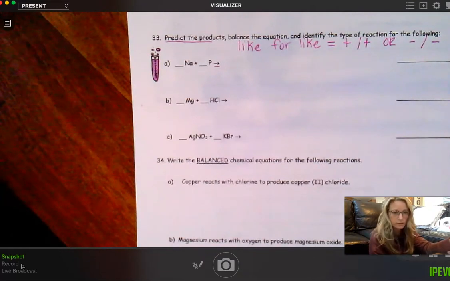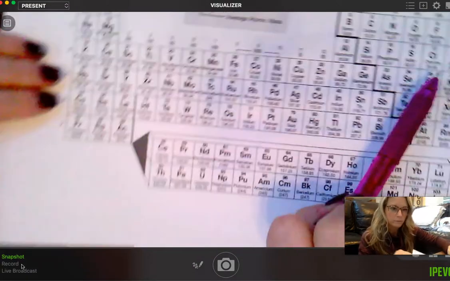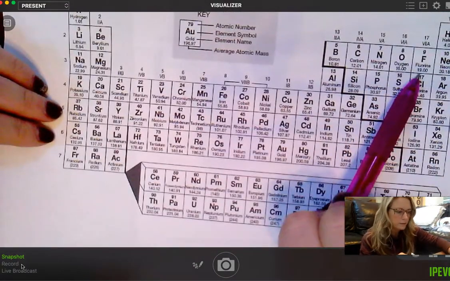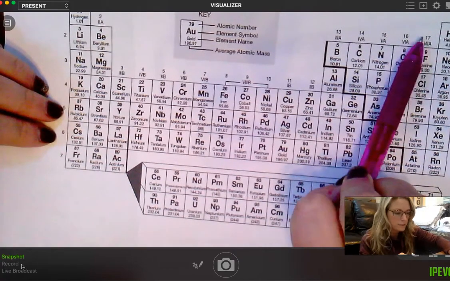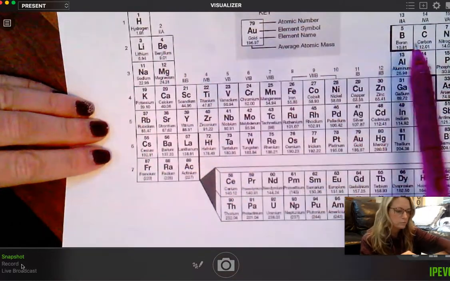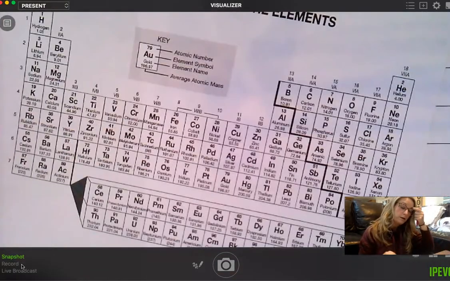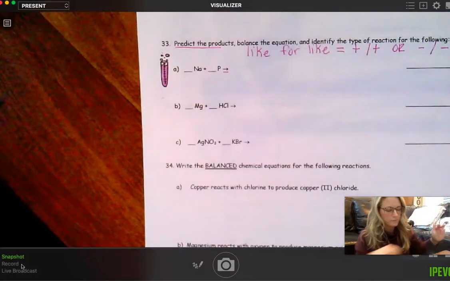If you're not sure how to remember which ones are positive and which are negative, negatives end up over here: minus 1, minus 2, minus 3. Over here, +1, +2, +3. Okay, that's what we mean. So your metals are always positive, non-metals negative.